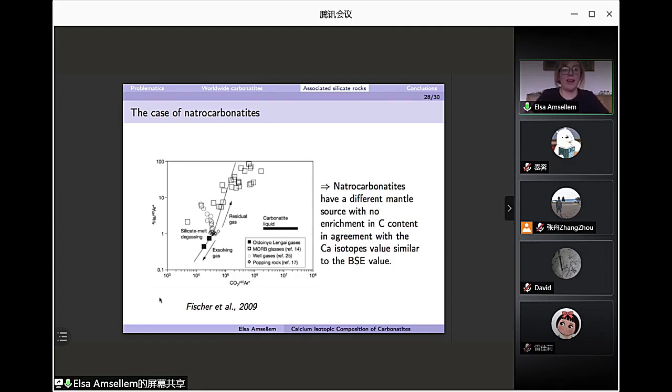So it would mean that natural carbonatites do not have a contribution of recycled material in the mantle source, but the other carbonatites do. And the difference in their chemistry, and mainly the abundance of sodium, can explain this.